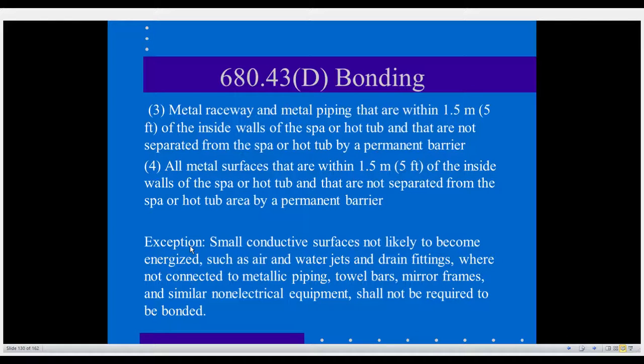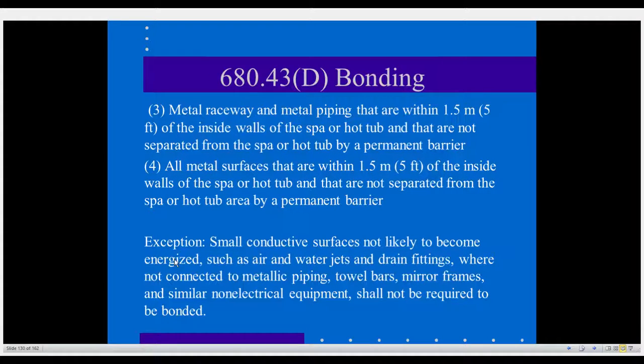Now, there is an exception that says those small conductive surfaces not likely to become energized, such as the air and water jets and the drain fitting, that were not connected to metal piping. They're probably connected to the non-metallic piping. Towel bars, mirror frames, and similar non-electrical equipment shall not be required to be bonded.